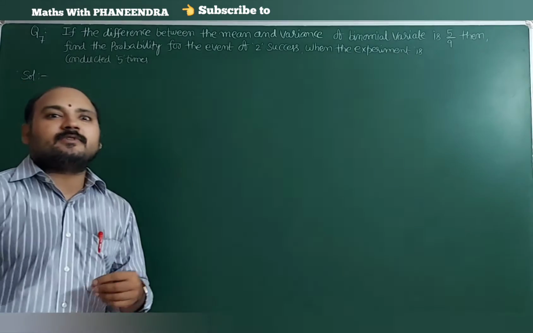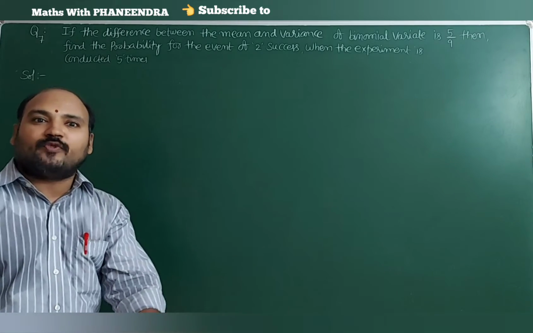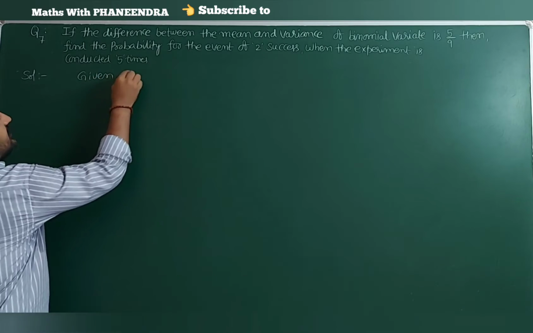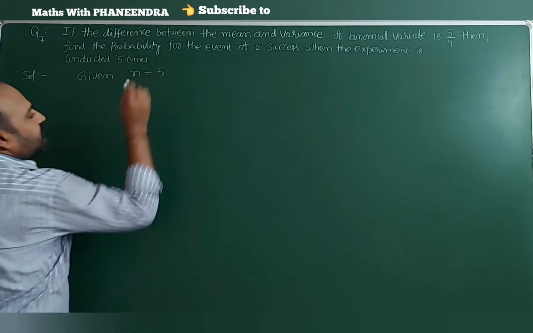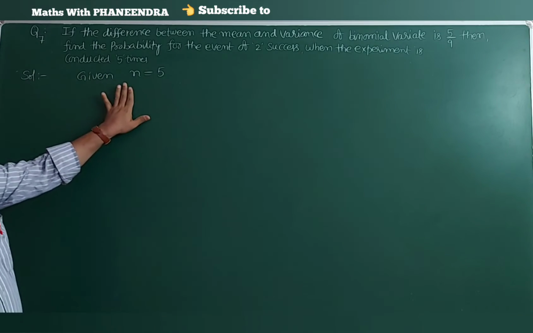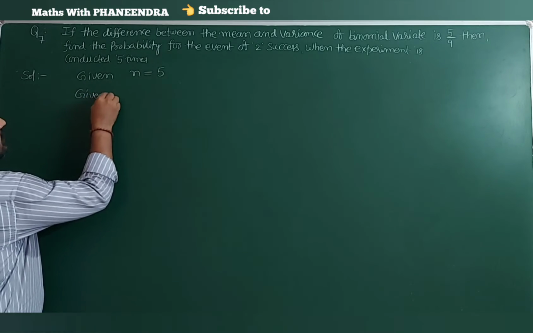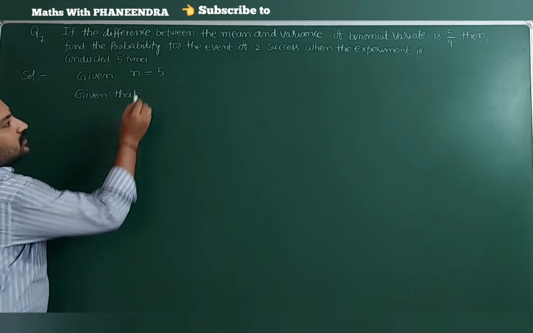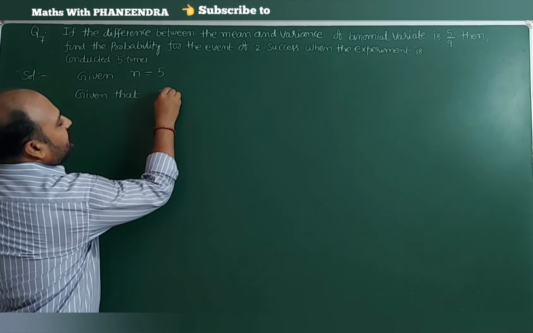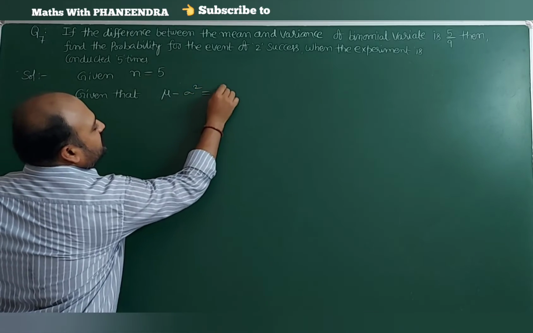So the number of times the experiment is conducted is given as 5. So n is equal to 5, where n is the number of times conducting the experiment. Next, given that the difference between mean and variance is 5 by 9, mean is mu, sigma square is equal to 5 by 9.